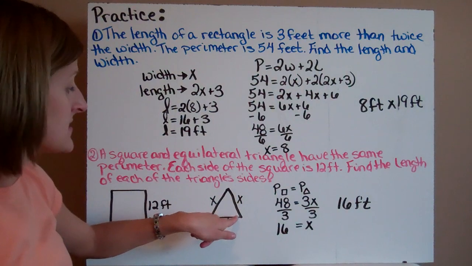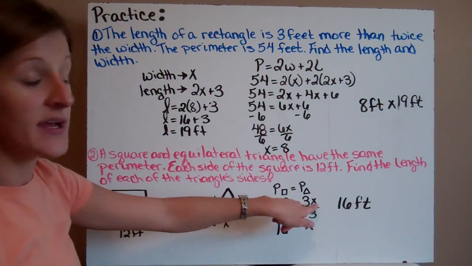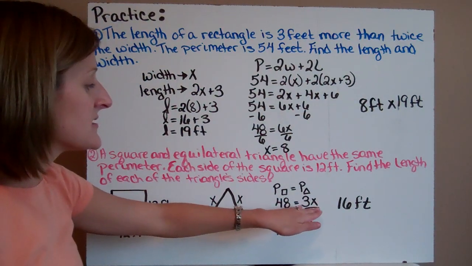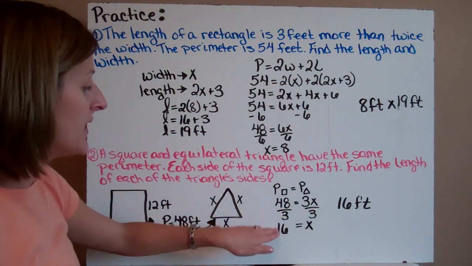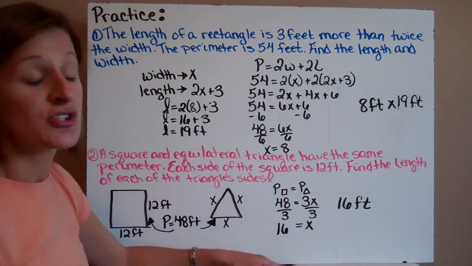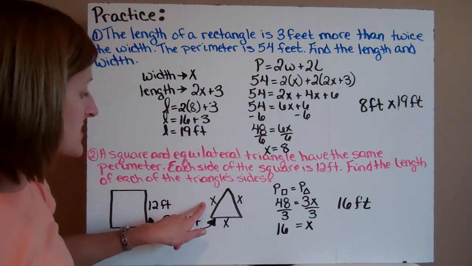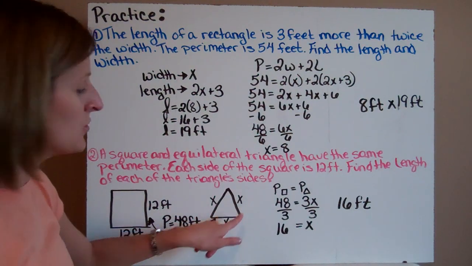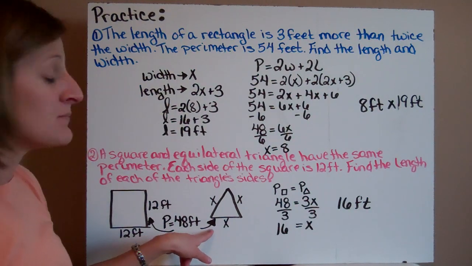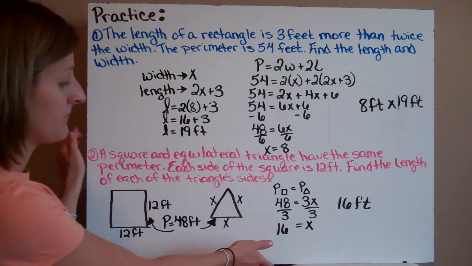They're all x in length, so it's going to be 3x, and that's how I find the perimeter of a triangle. Then all I need to do is divide each side by 3 to get that each side of my triangle is going to be 16 feet. So to check it, all I have to do is 16 plus 16 is 32, plus 16 is going to be 48, and that makes both perimeters the same.